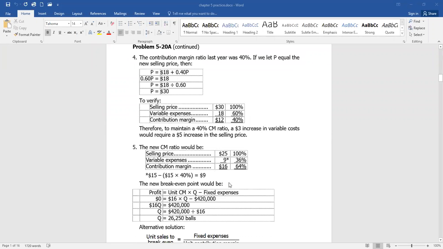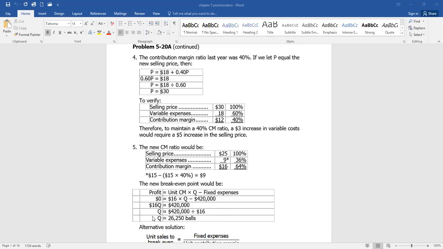So how many of these balls would we have to sell to reach the break even, which is now doubled the fixed expenses? They went from $210,000 to $420,000. So profit would be 0 equals $16 per unit times the quantity. So we're solving for the quantity minus the new fixed expenses of $420,000.